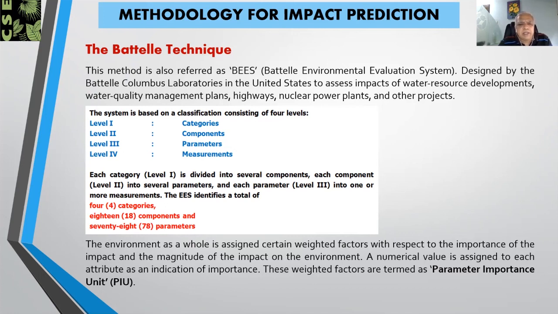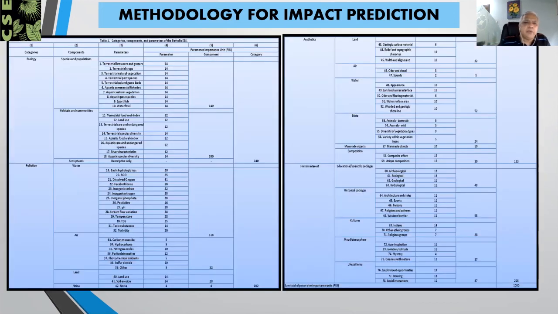The EES identifies a total of 4 categories, 18 components, 78 parameters, and a numerical value is assigned to each attribute based upon certain weightages, and these weightages are termed as parameter importance units.